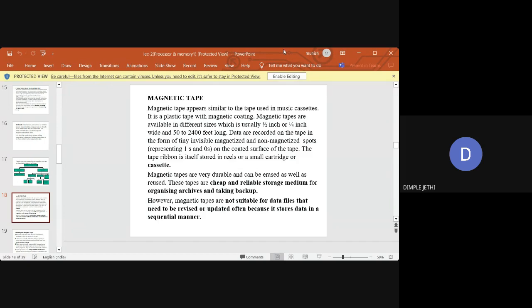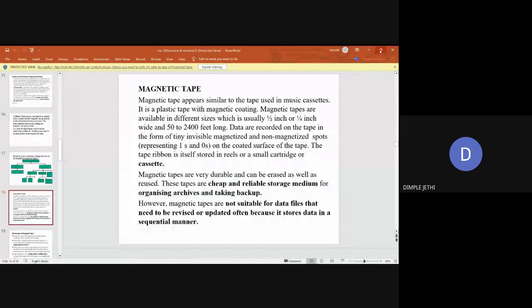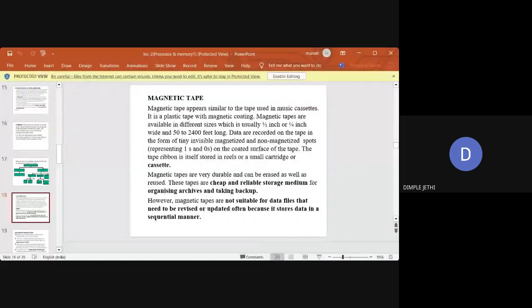But if some data is 20 years old, like in insurance, where policies continue for 20 years, 15 years, they don't need this data on a daily basis, so they can keep it at some other place. The data which you need to use frequently, you do not keep in magnetic tapes.